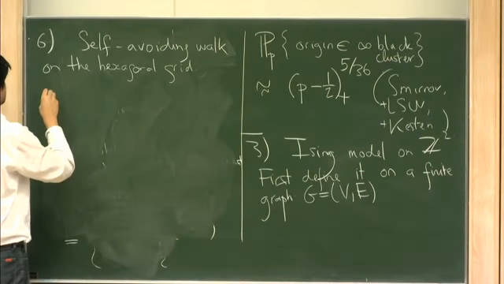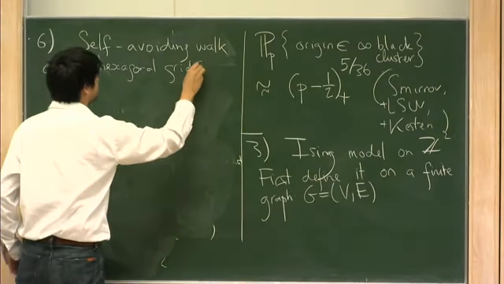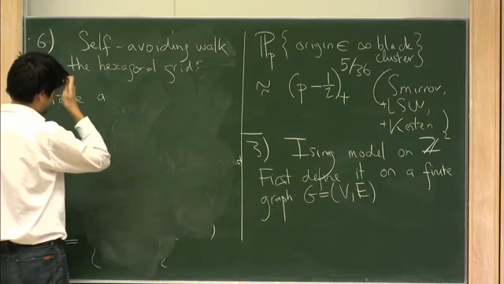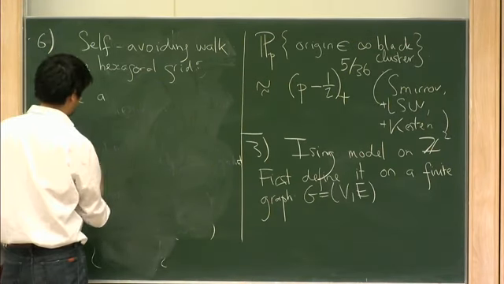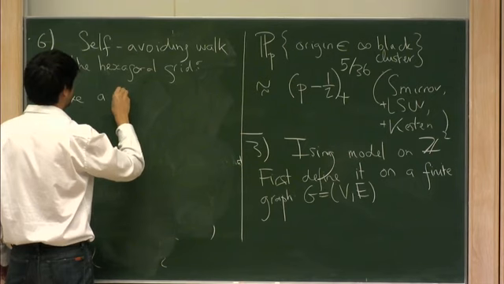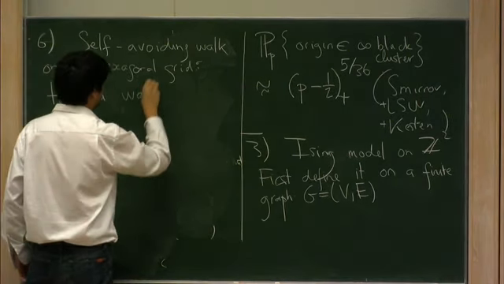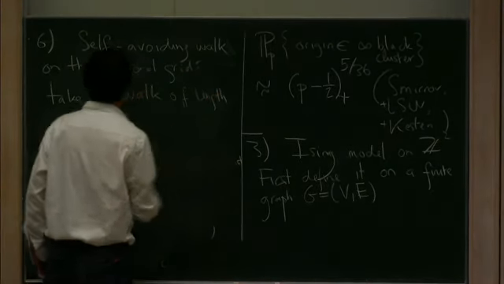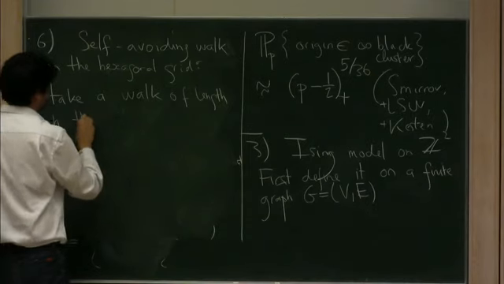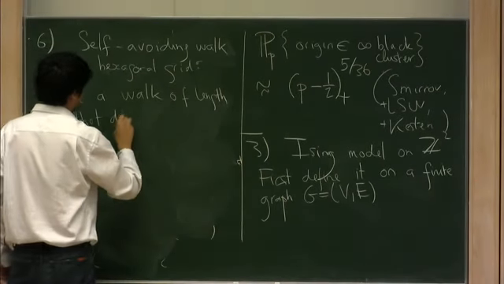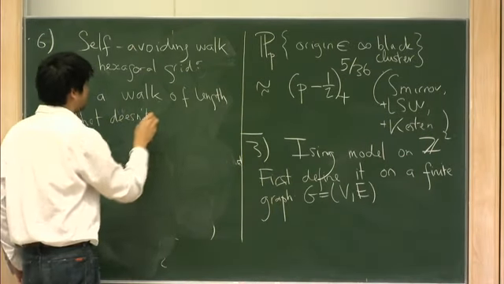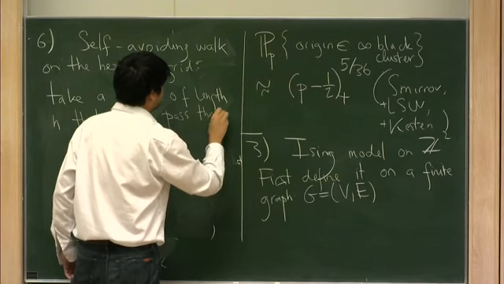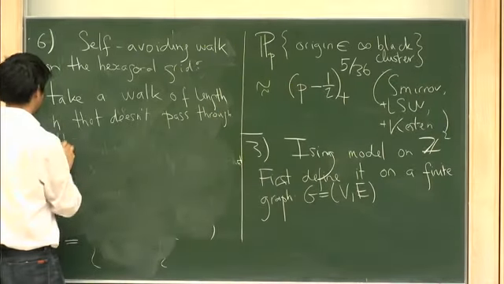Very simple. Take a walk of length n that doesn't pass through the same vertex twice.